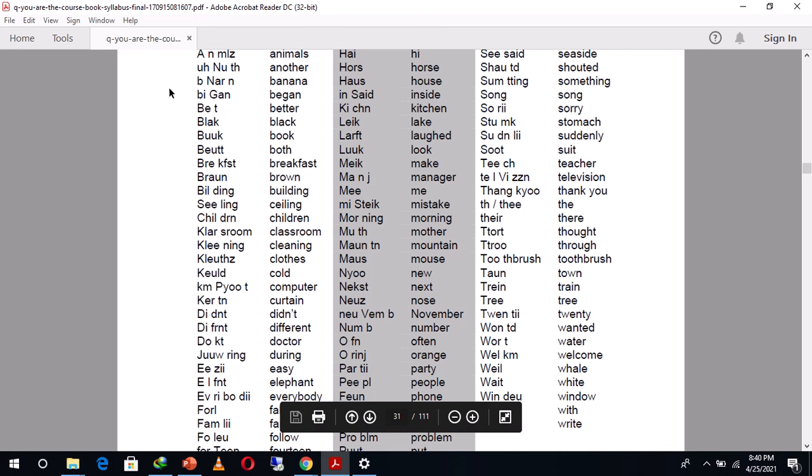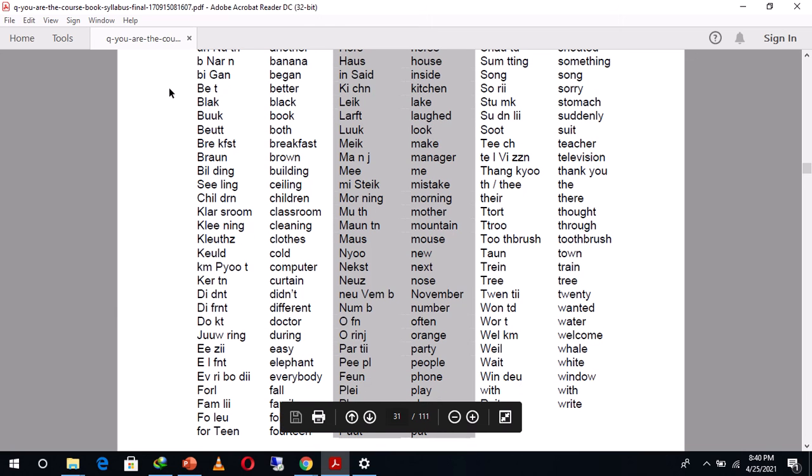So when you are producing the d sound, there must be some kind of j and u sound there, like during. During our last session, what we have studied, during. It's not during. So you must know how to pronounce the word. During our last session, what we have pronounced about. Okay, during. There's a word, easy.